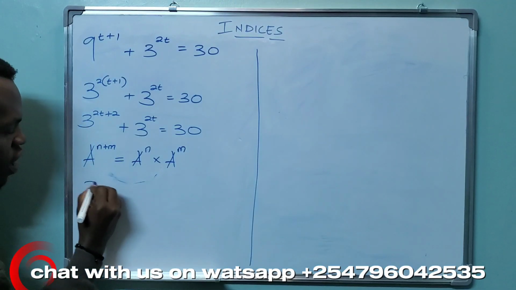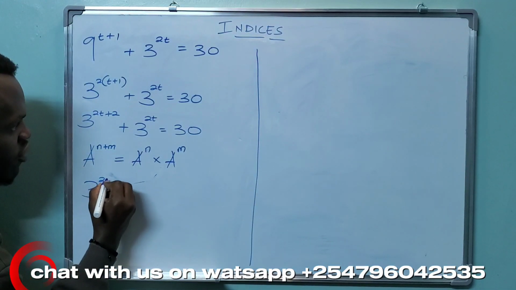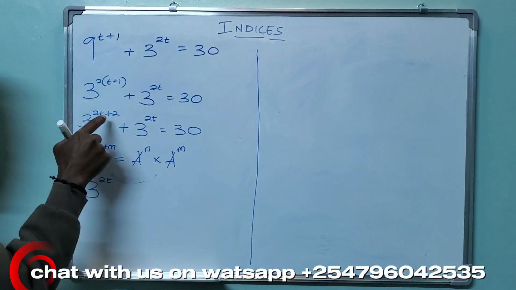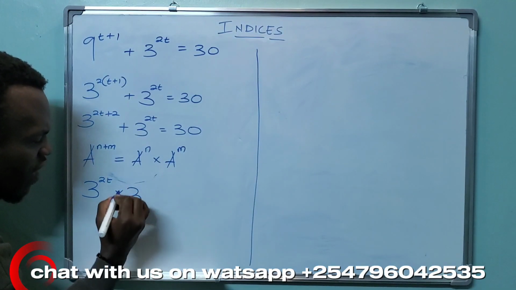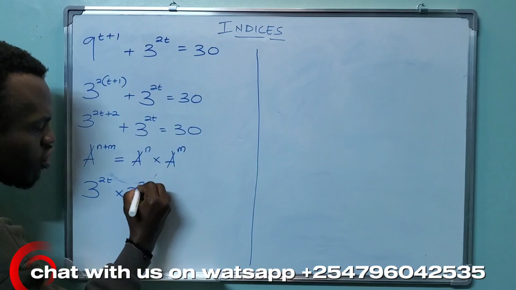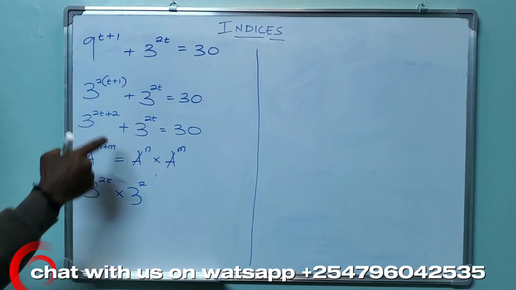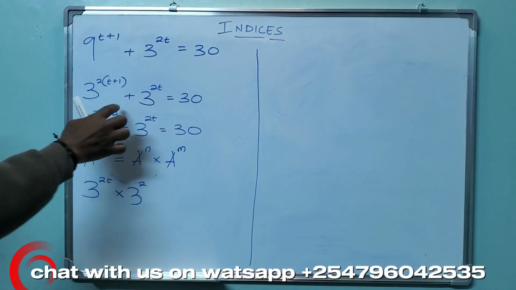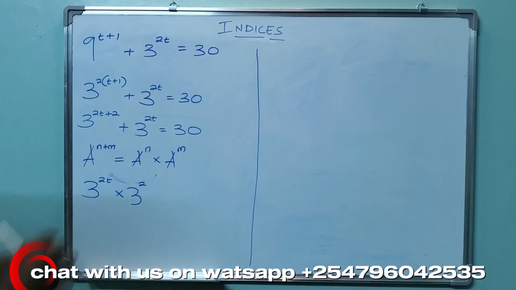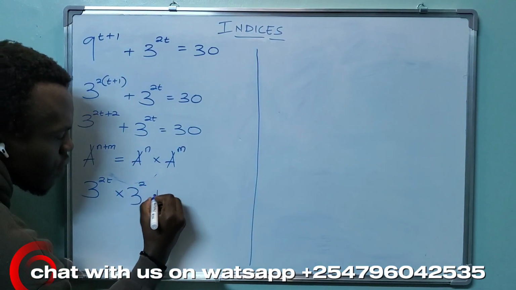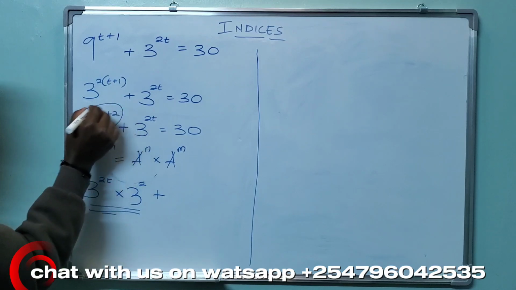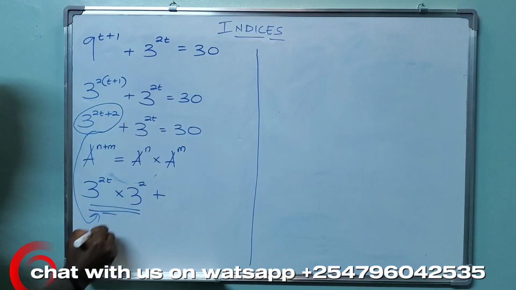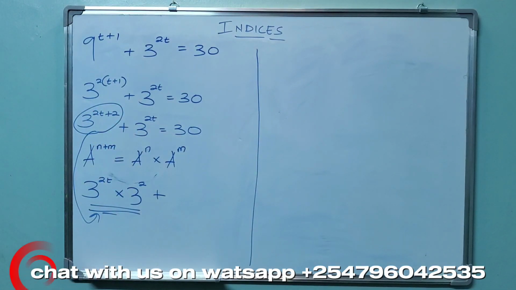So I'm going to have 3 raised to power 2t. Then because it is a plus, I'm going to have a multiplication. Then another 3 raised to power 2. So this 2t is the power of the first base, and then this 2 is the power of the second base. Then plus, so this 2, this one here, it is a split of that.